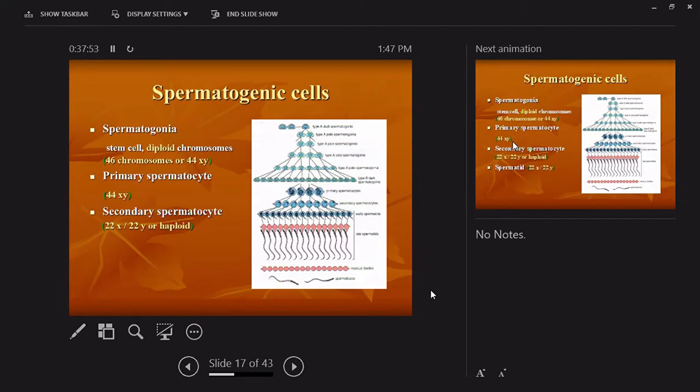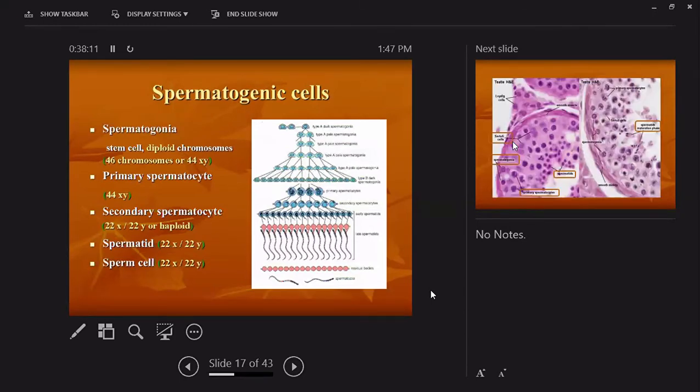The spermatid, the same, 22X or 22Y or haploid. Sperm cell, the same. Now you're mature. You know that it is haploid because when you have the egg of the female, that will complete your human chromosome number.